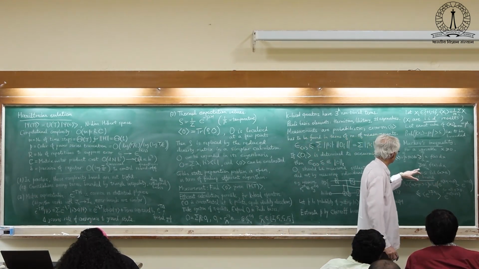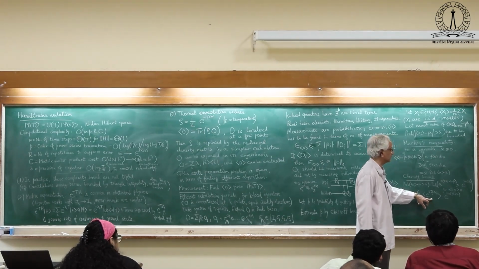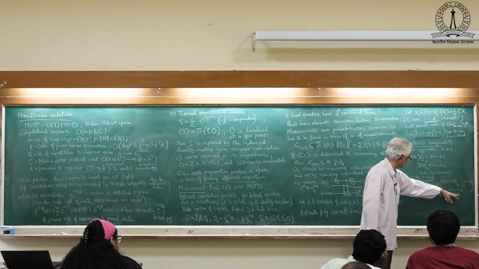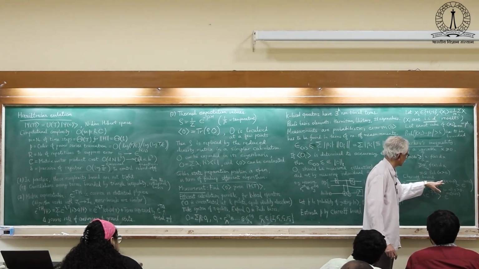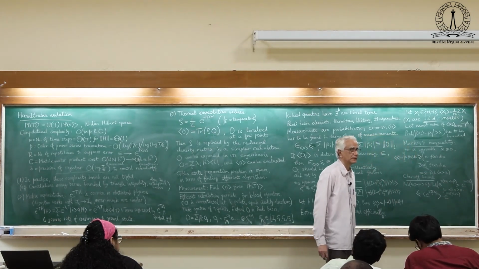This probability is bounded by the average, which is what is appearing over here, divided by the place where you cut off, and that produces this factor. The m s mu comes from here, which is minus, taken to the other side of the equation.